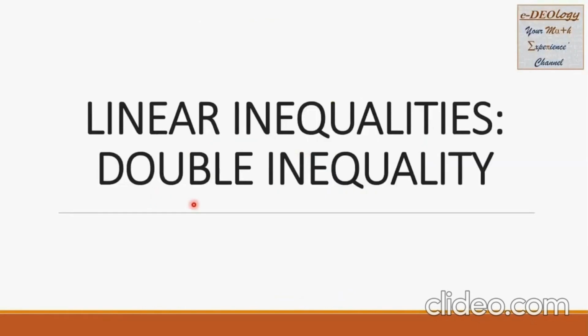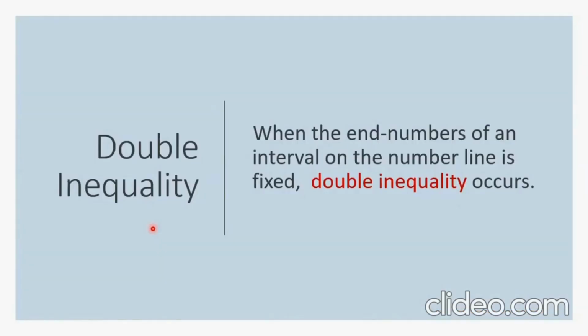Today we're going to study double inequality. We say that when the end numbers of an interval on the number line are fixed, double inequality occurs. Let us see some cases of double inequality, and this is the first case.